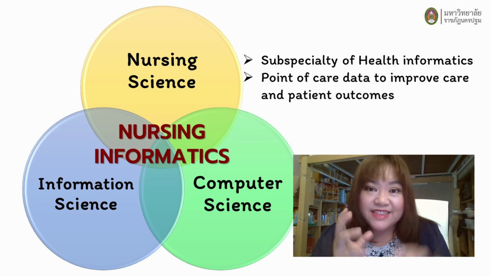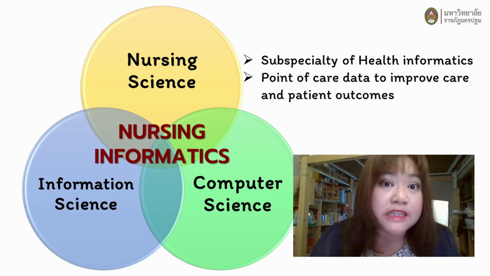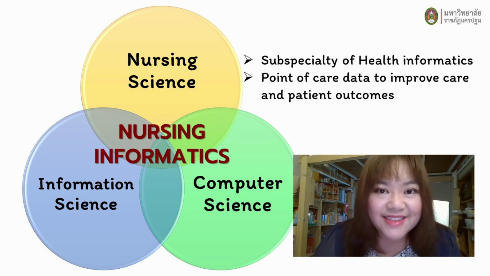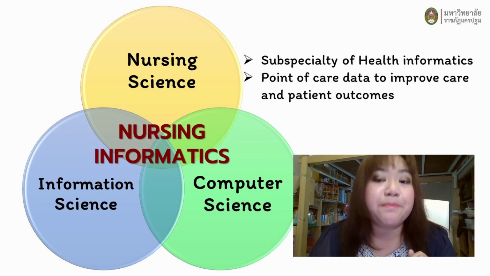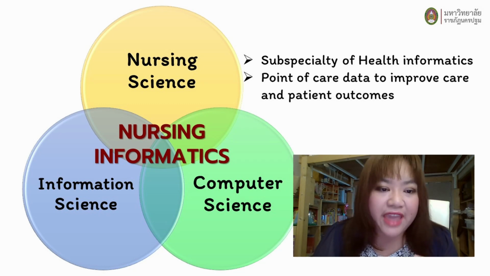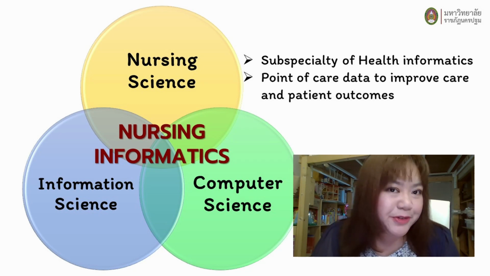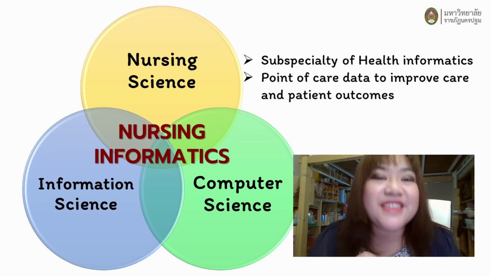Okay, now let's see the definitions of our important three keywords. The first one, nursing science. Nursing science is a branch of science that deals with the principles and applications of nursing and related services. Number two, information science.